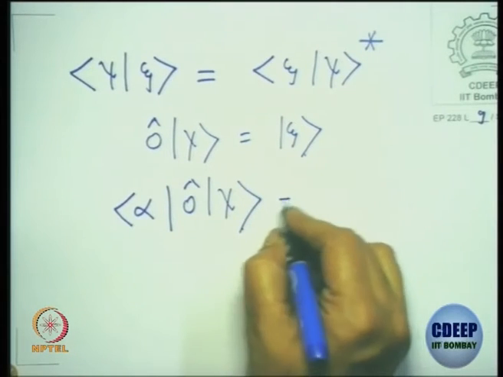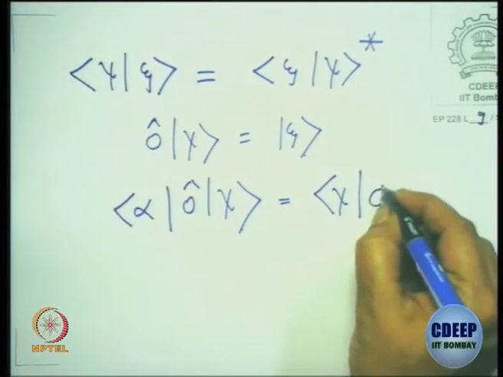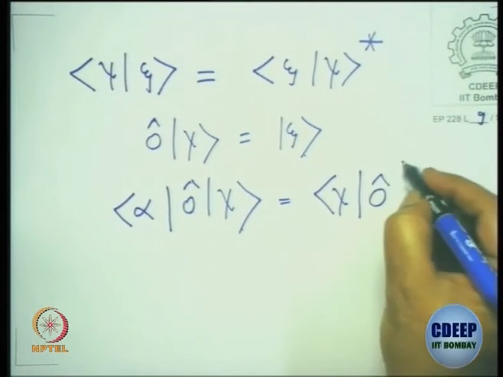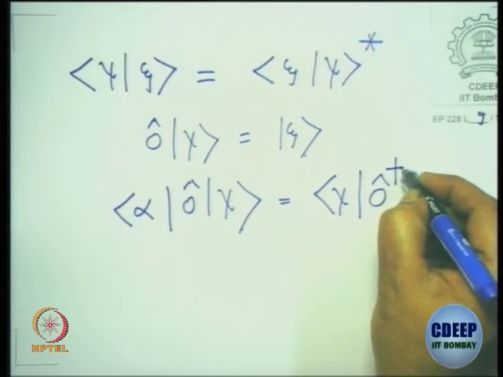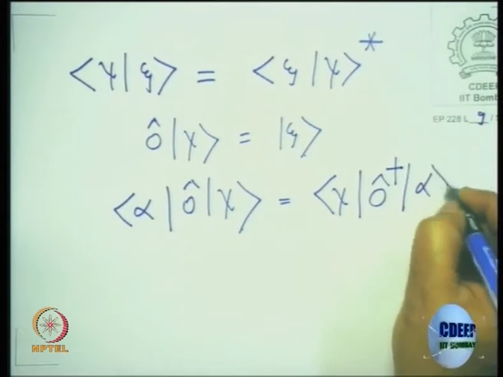What will this be? Somebody? Chi with O operator dagger. You all agree? And then alpha.